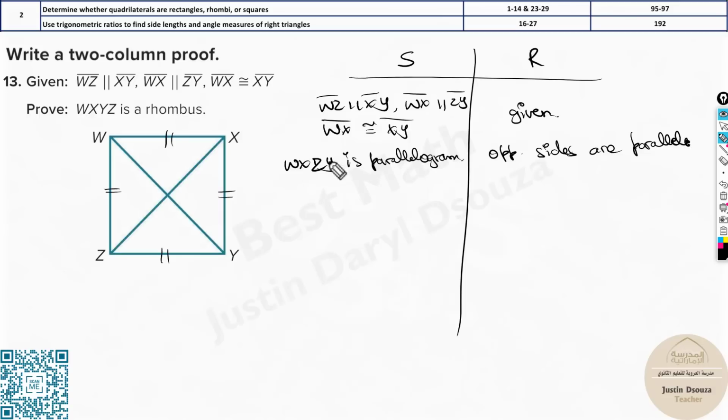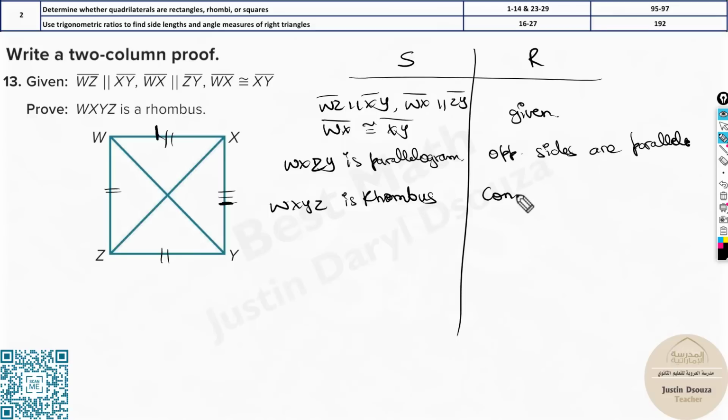And then if this is a parallelogram, then we know these two consecutive sides, this one and this one over here, are equal. So WXYZ is a rhombus. Why?